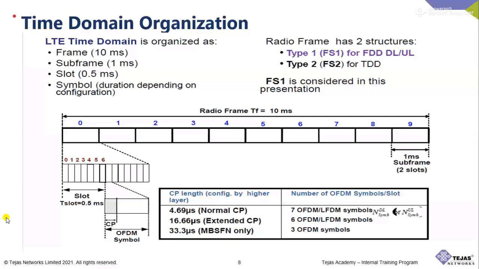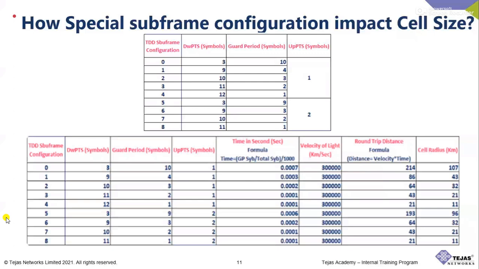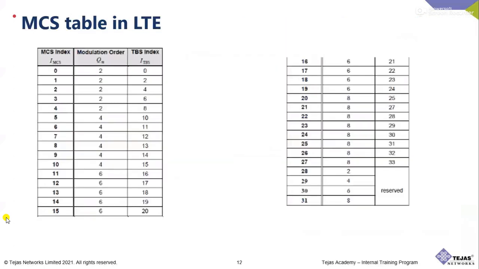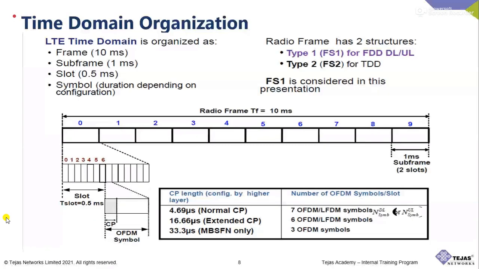So just to summarize whatever we discussed in time domain organization, you can see here 10 millisecond frame, subframe is 1 millisecond, slot is 0.5 millisecond, and the OFDM symbol duration. For normal cyclic prefix we have 7 OFDM symbols, with a cyclic prefix duration of 4.16 microsecond.